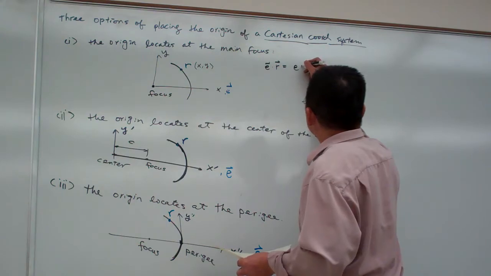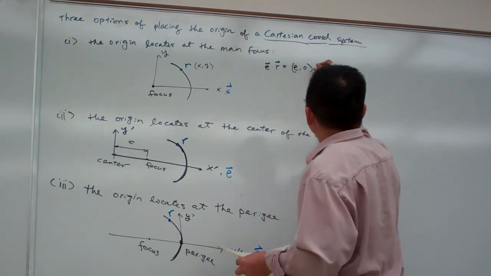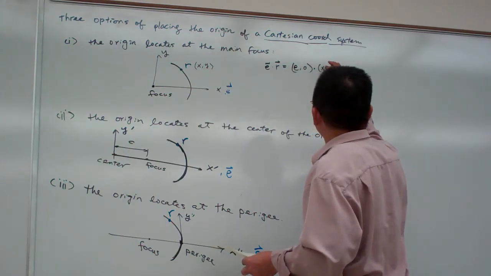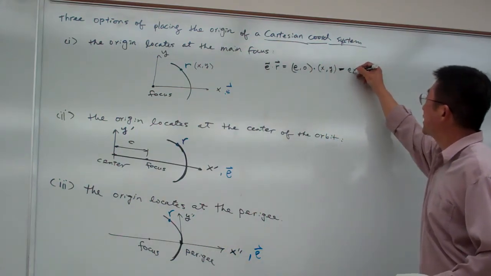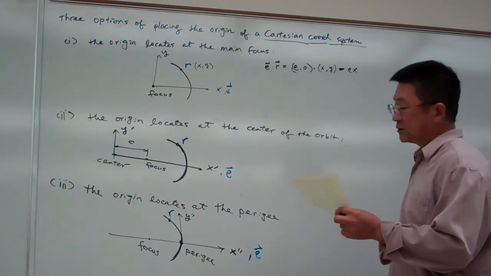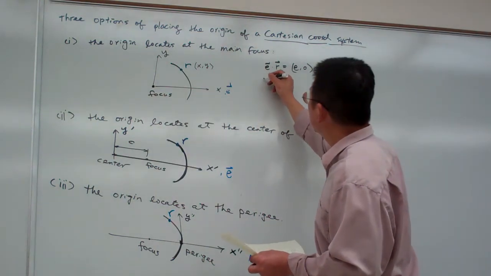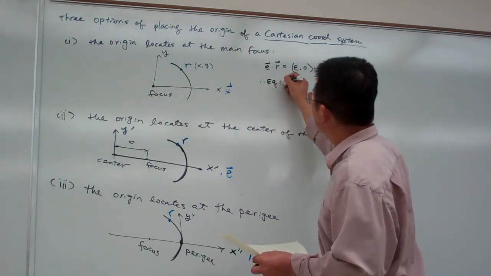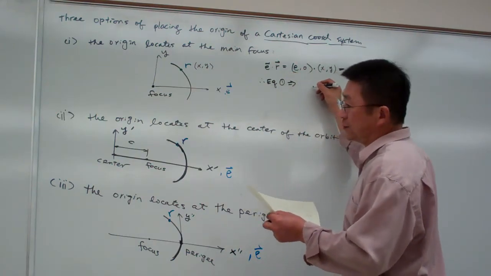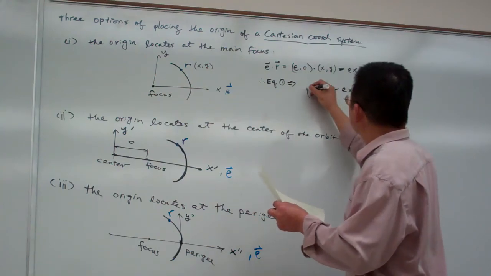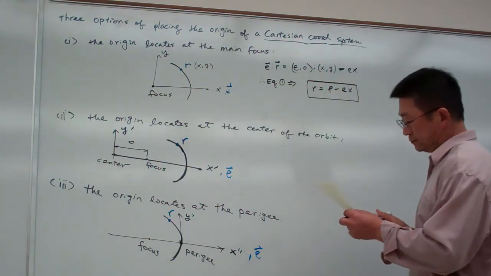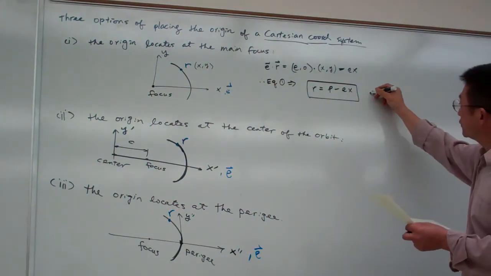E equal to E and 0, dot x y. Right? So basically that is EX. Okay, so therefore equation 1 becomes R equal to P minus EX. So let me call this equation 2.